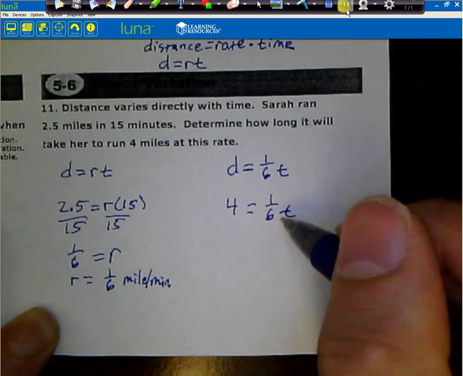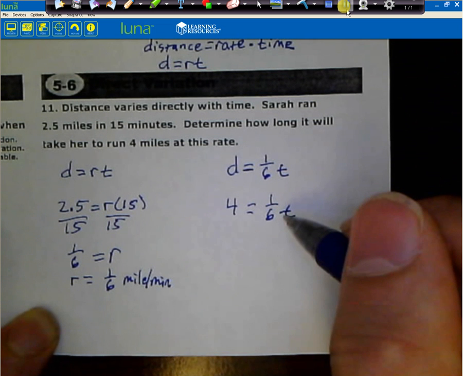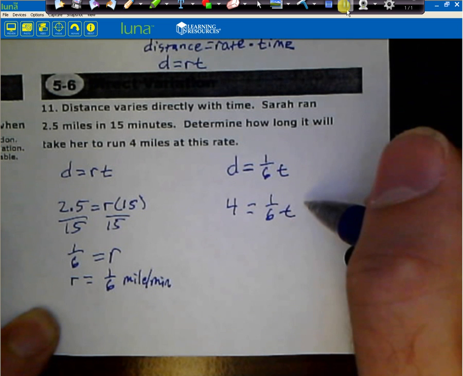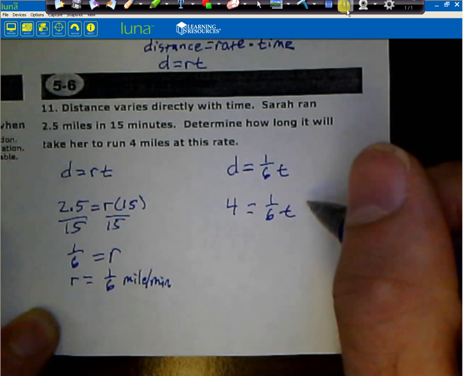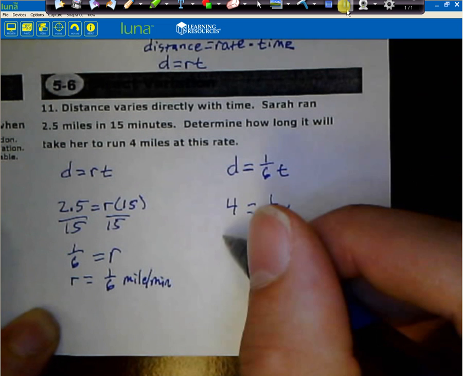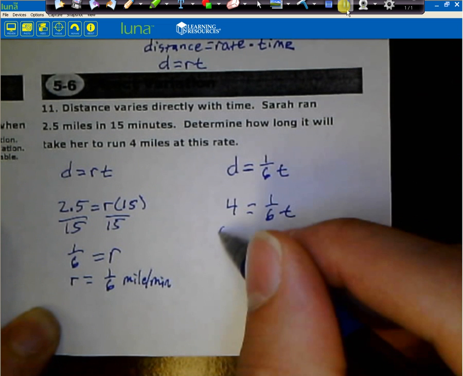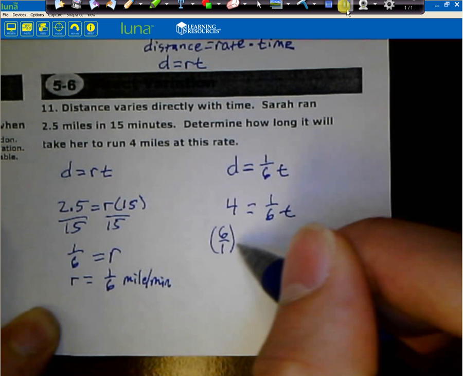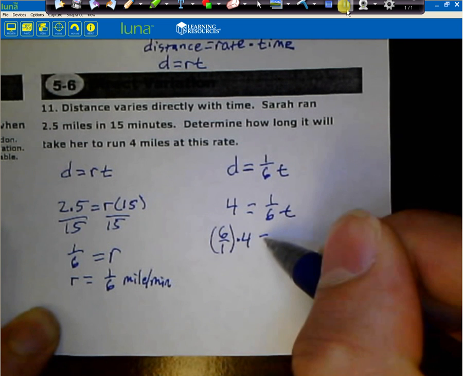I do have a fraction in front of this T here. So instead of dividing both sides by 1/6, I'm going to multiply both sides by the reciprocal. The reciprocal of 1/6 is just 6/1. So I'm going to be multiplying that on both sides.